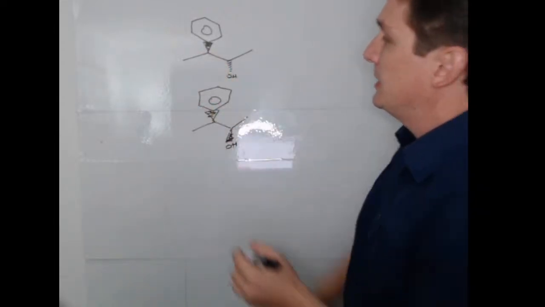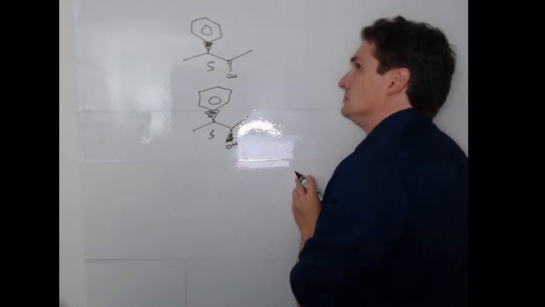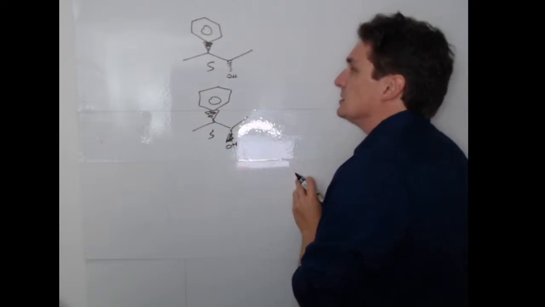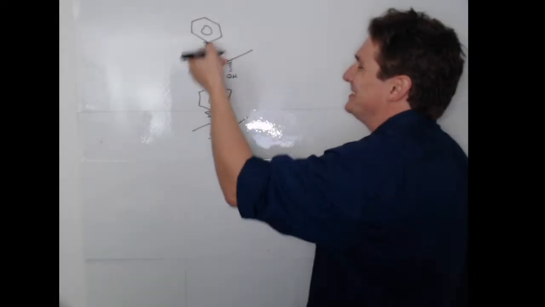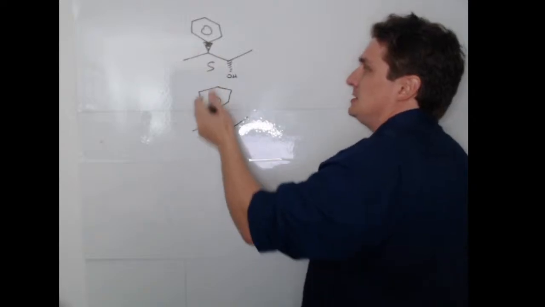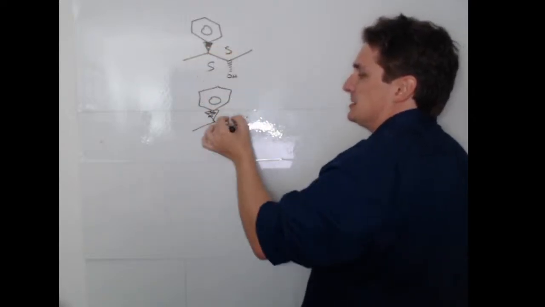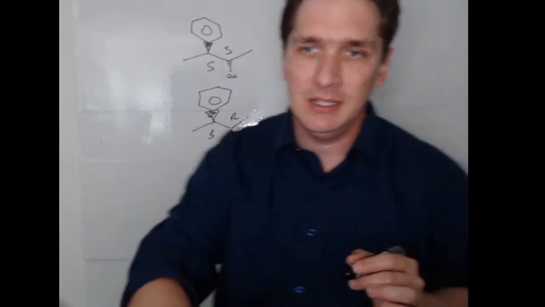So we don't change the chirality here, we still have the S and the S, it doesn't change. I guess there is a conceivable way that would also change chirality. But we keep the S on here, and we're going to get both the S and the R forms of the structure.